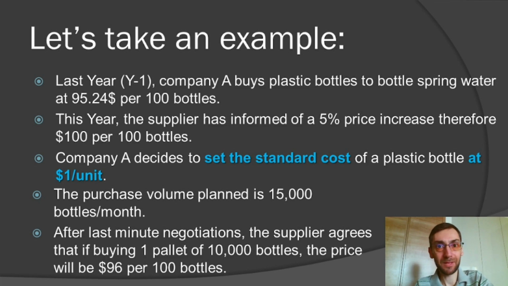However, your purchase department, which as we will see is a great purchase department, goes to have a last negotiation round at the very end of December, and they get a super good price if you buy one pallet of 10,000 bottles at once. Then the price will be $96 per 100 bottles instead of 100. So good discount, right? It almost offsets the initial increase. It's, I don't know, like 4% maybe.